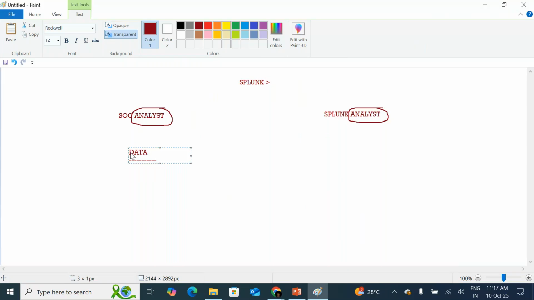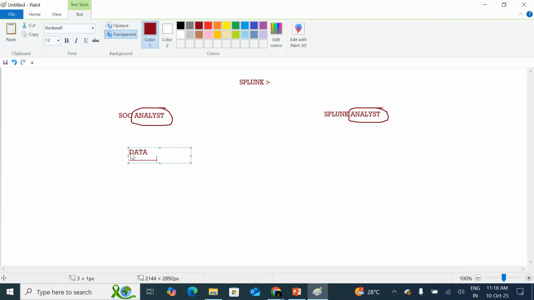This is the first point. And the second point: we have data. How many types of data analysis can be implemented? Very, very important question. What are the different types of analytical operations?